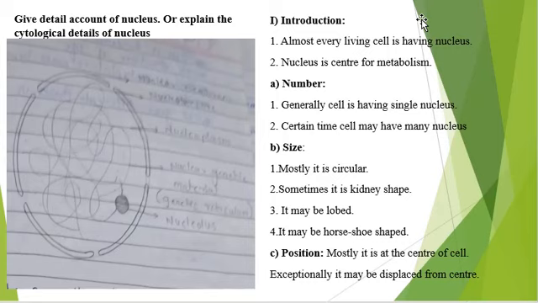But if it is asked regarding a particular topic, like give the detailed account of nucleus and any one of the parts, that means nuclear membrane or nucleoplasm, at that time first you have to write down all the points in short, and then if asked for nucleoplasm, you have to write the details of nucleoplasm.